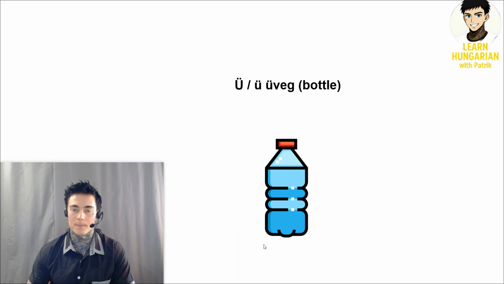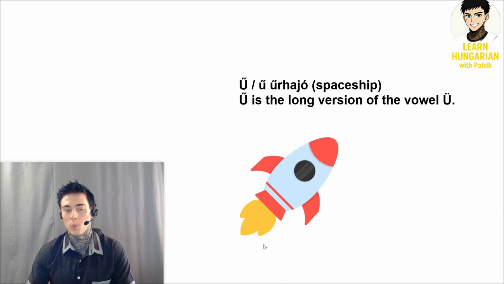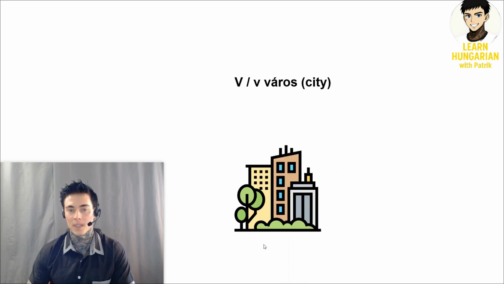Ü, üveg. Ű. Ű is the long version of the vowel Ü. V, város.